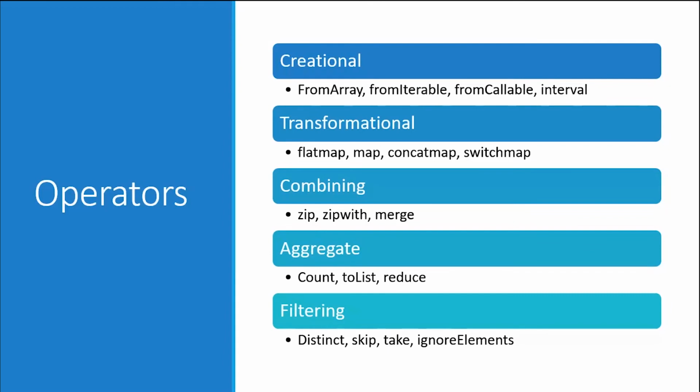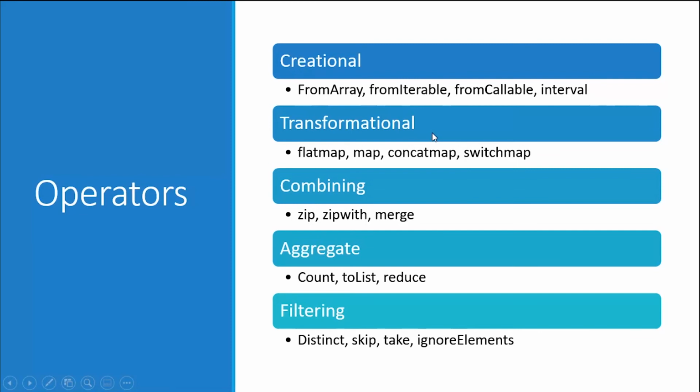It can be from an array, from a list, from a callable interface, or from emitting at intervals. There are so many operators we can use to create a Flux or Mono.